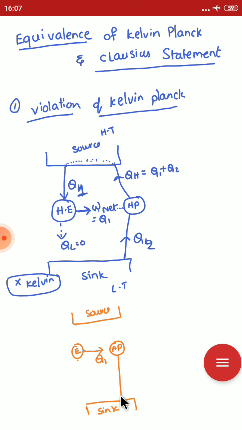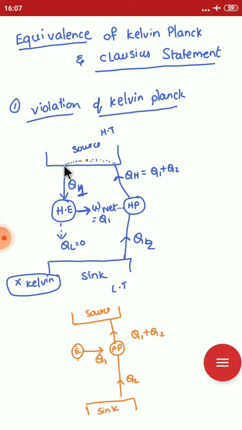It is extracting Q2 amount of heat from this sink, and rejecting Q1 plus Q2 to the source. If you eliminate this, whatever Q1 is supplying, Q1 plus Q2 is supplying to the source.